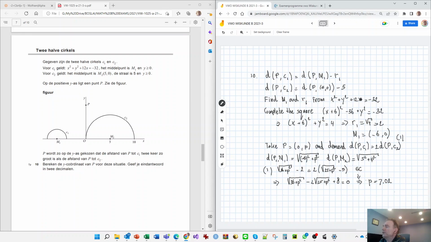So x squared plus 12x we write like this, and we have our y squared, and it has to be equal to minus 32. So bring the 36 to the right, and there it is, an equation for a circle with center minus 6, 0 and radius the square root of 4, which is 2.